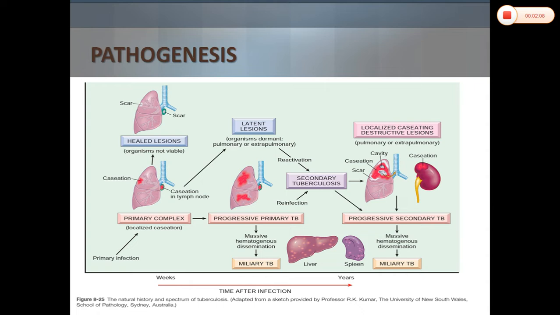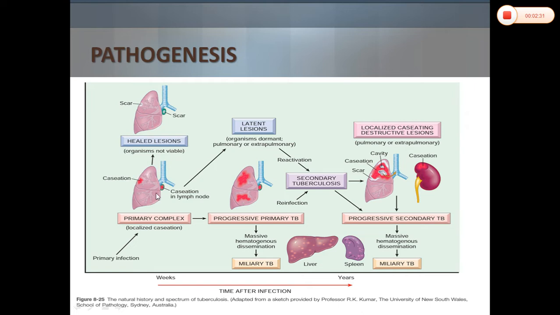And the pathogenesis of tuberculosis: the primary infection mainly affects the lungs. It is seen mostly in the lungs, either in the lower part of the upper lobe or the upper part of the lower lobe.